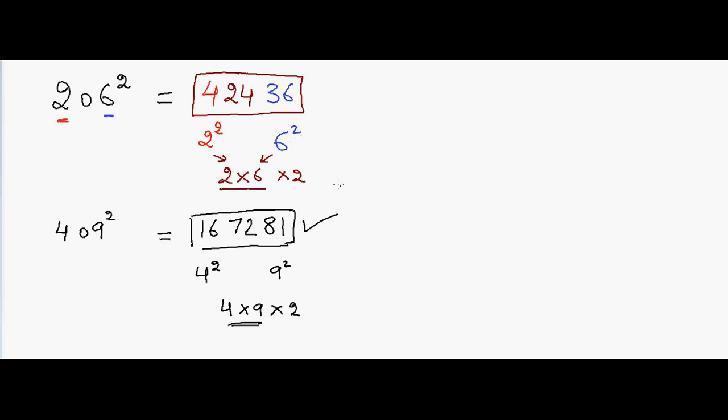Now I will give you an example of a carryover. Suppose I have 825 and I want to square this number. This will be a little different, but the approach is the same. 8 square is 64, and then 25 square is 625, right?